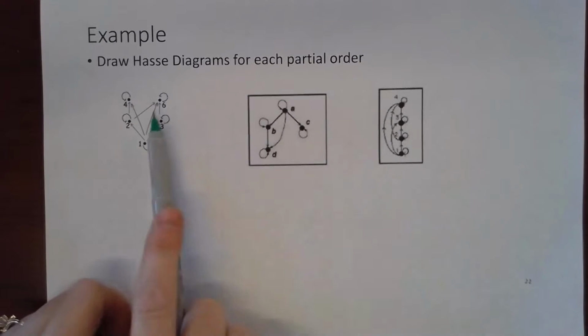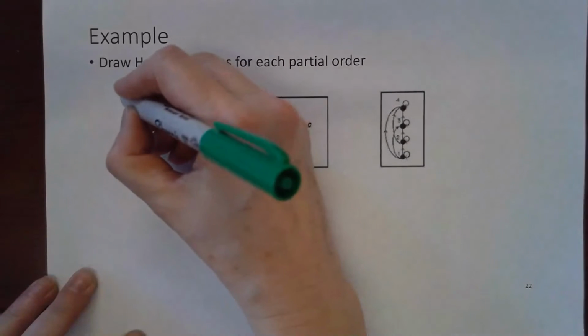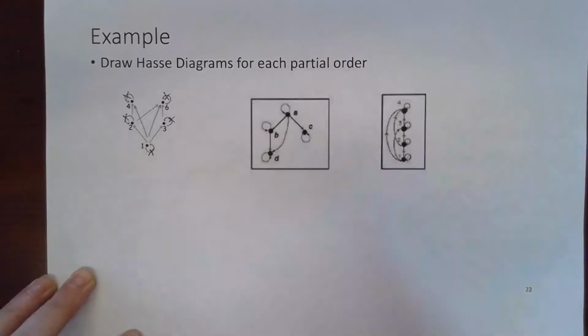So for these three examples, we're going to change directed graphs for partial orders into a Hasse diagram. We know that in a Hasse diagram, there's never going to be any self-loops, so all of these things will get eliminated.